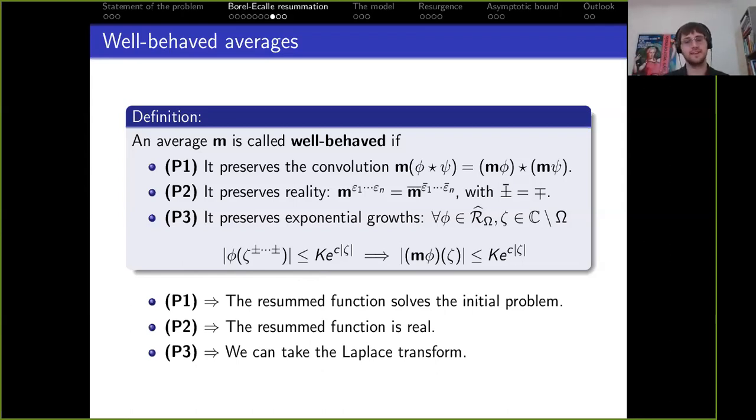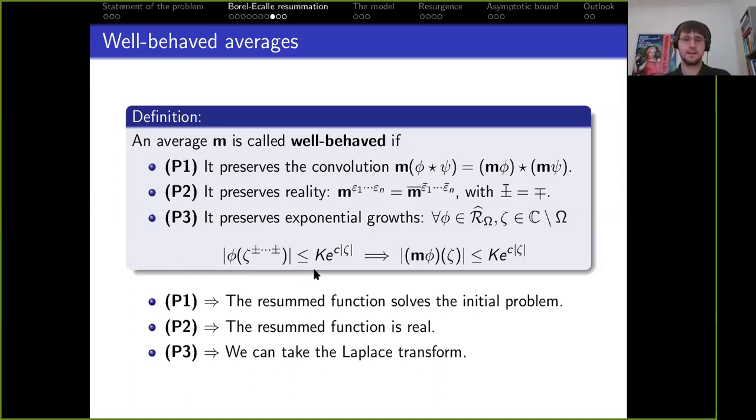So what Ecalle tells you is that instead, it's enough. If you just require that you are able to resum functions where every path has an exponential bound, in practice, you would not be able to resum many functions.